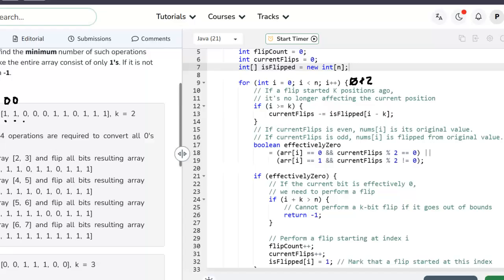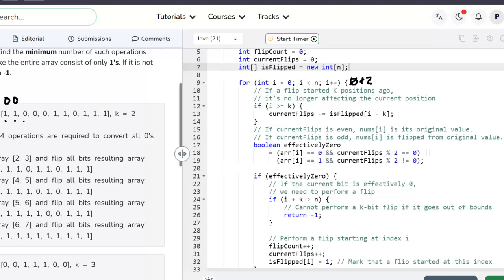So yeah, it's effectively 0. All right. If I plus k is greater than n, what that means is that we're going out of the bounds of the array, in which case we're going to have to return -1.